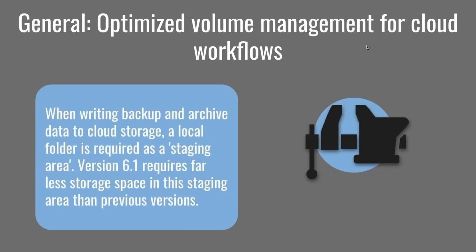And then the final point is the optimized volume management for cloud workflows. So anybody that's using P5 to write, archive and backup data to cloud storage through Amazon Web Services, Backblaze and so on will know that you need to have a staging area configured where P5 can organize the files that are going to be uploaded to the cloud, and also a place where files can be downloaded from the cloud in order to reassemble chunks of data in the cloud for restoring data, files and folders back onto your storage.